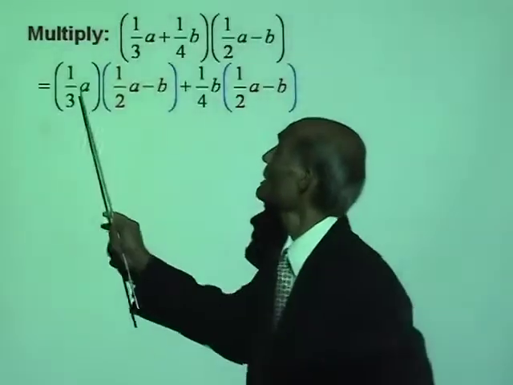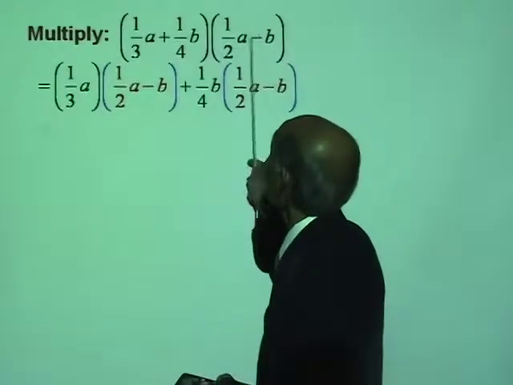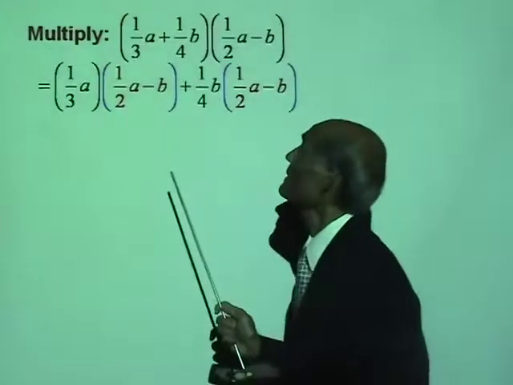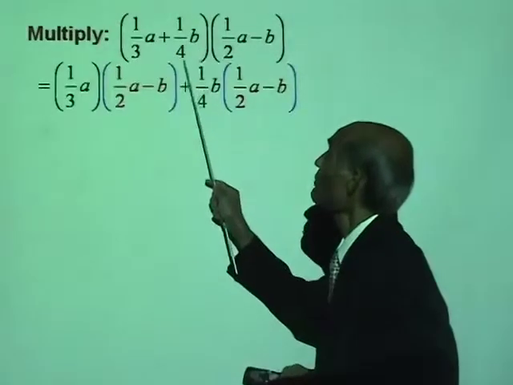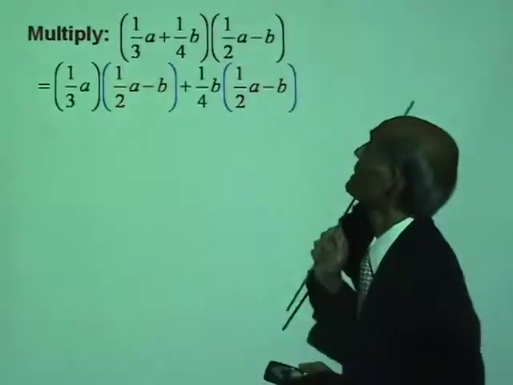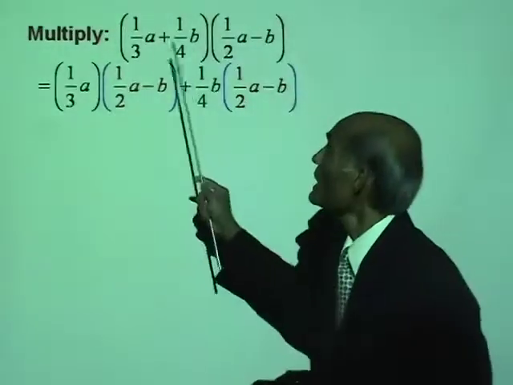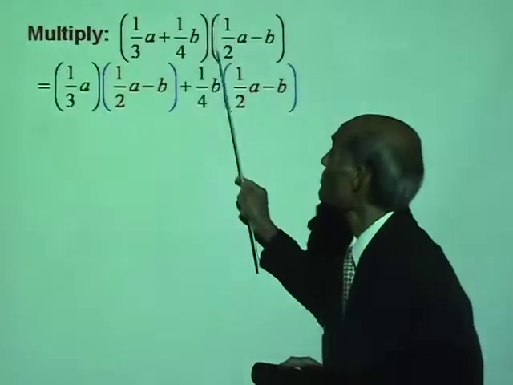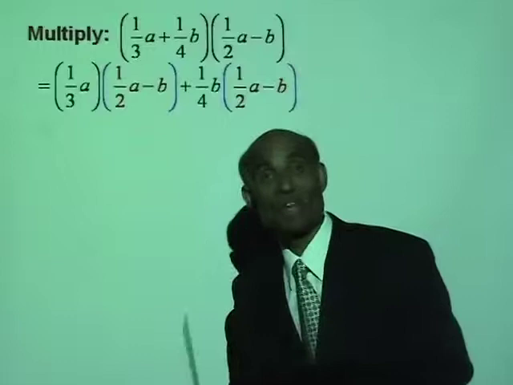So that will be 1/3 a times 1/2 a minus b plus, this is the second term, plus 1/4 b times 1/2 a minus b. Is it okay? We took each term and multiplied it with that binomial. What is the next step?